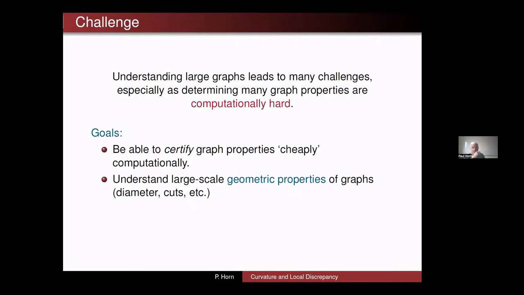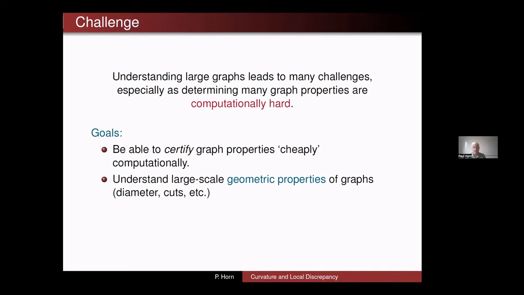And so one thing that you might want to do is perhaps weaken your aims a little bit, not understand a large graph exactly, but rather be able to more cheaply certify that your graph has some properties that are of interest to you.